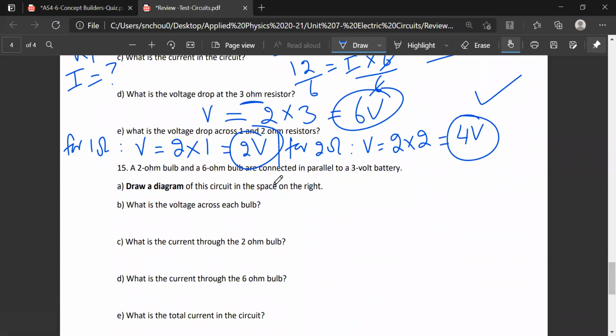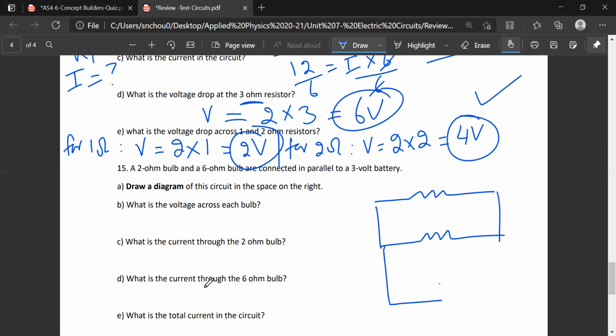Draw a diagram of this circuit in the space on the right. A 2 ohm and a 6 ohm bulb are connected in parallel. So quick diagram. That's parallel. And that's the battery in parallel. Label it. That's a 2 ohm. That's a 6 ohm.